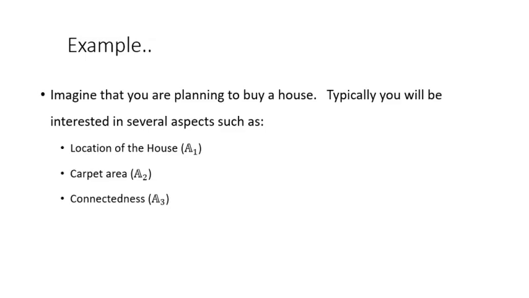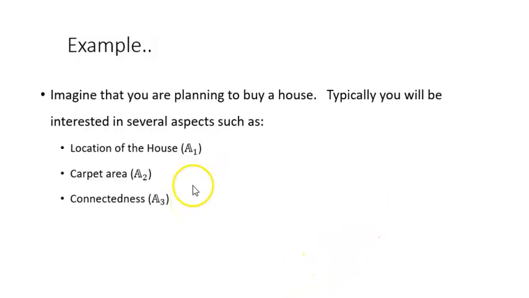Is it connected by rail, road, air, ship, and so on. So we consider what we call attributes A1, A2, and A3. With that, we also have what we call a set of threshold values. Let us see what they are in the next slide.